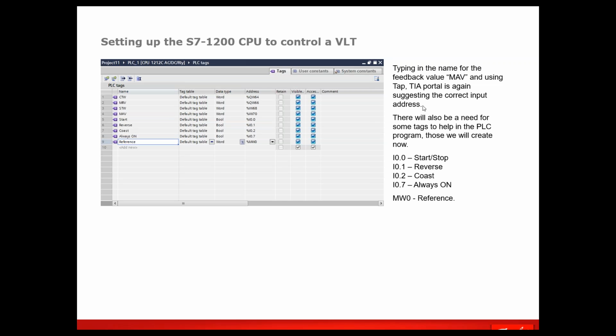And in this example, we also set some bits for the ladder later to set for start, stop, reverse bit, coasting, and always on for enable and disable. And then the main reference value or reference source, just tags for the PLC. So this is it that we're going to set up for right now.